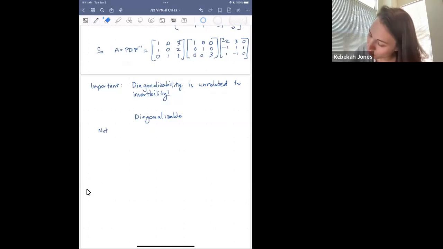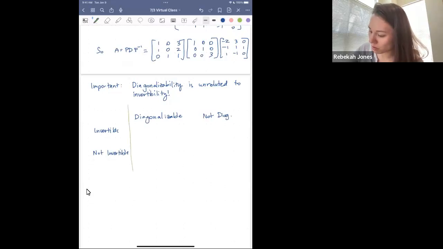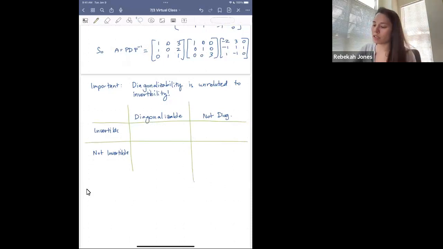Diagonalizable versus not diagonalizable, and then invertible and not invertible. Okay, so I'm going to make a little table like this and give examples that fall into each of these categories, right?